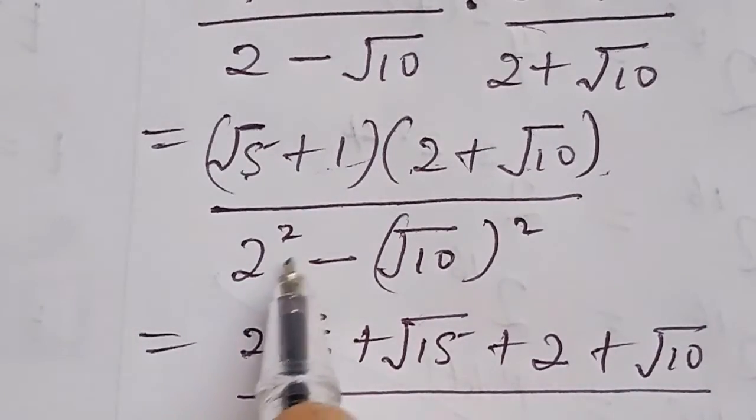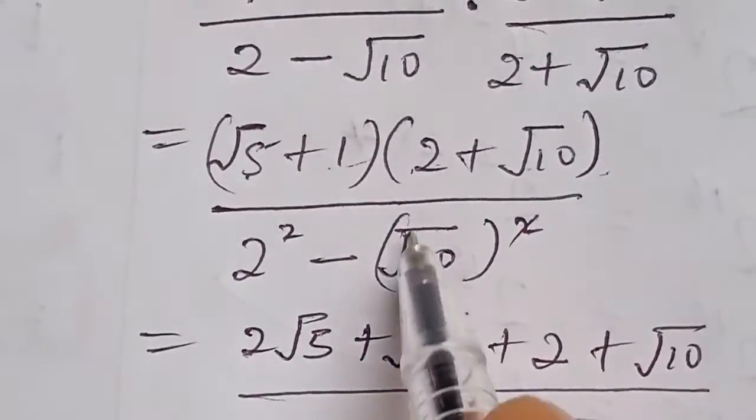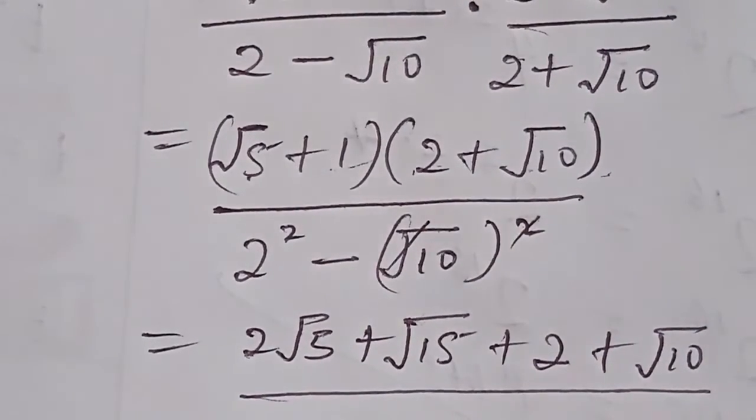So from the denominator we have 2 squared gives us 4, minus square root of 10 squared, this cancels out with this, so we have 10.